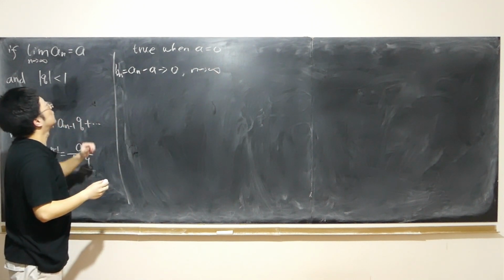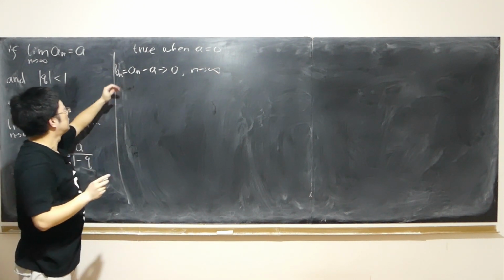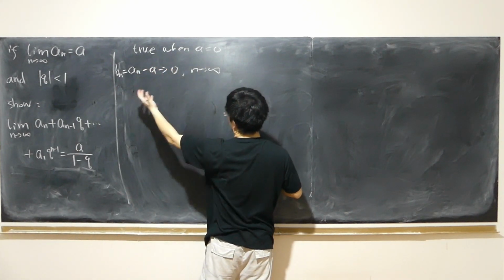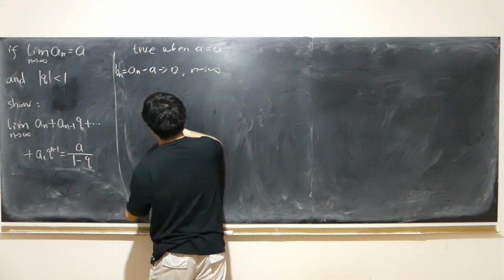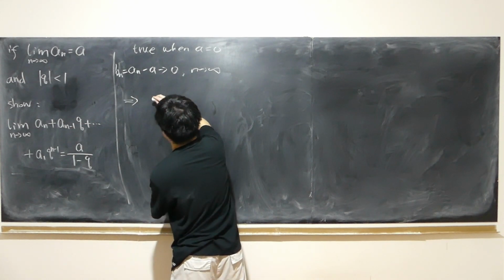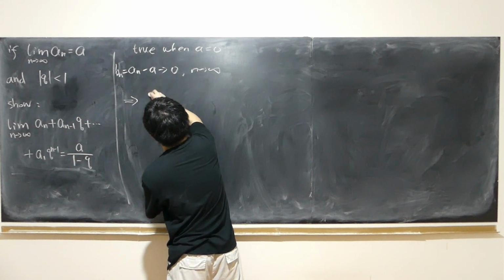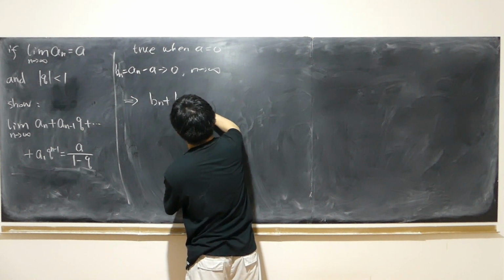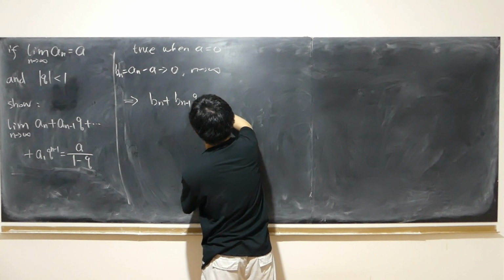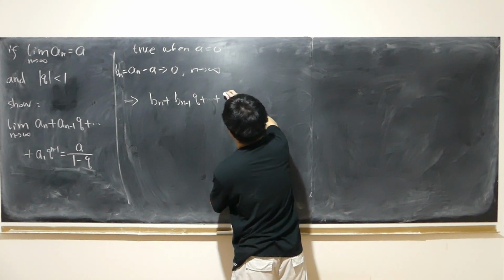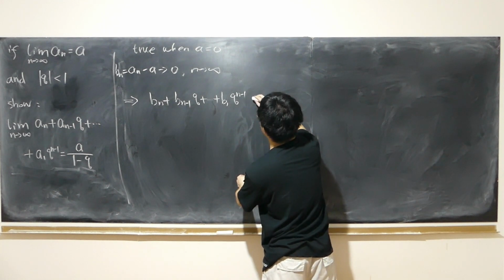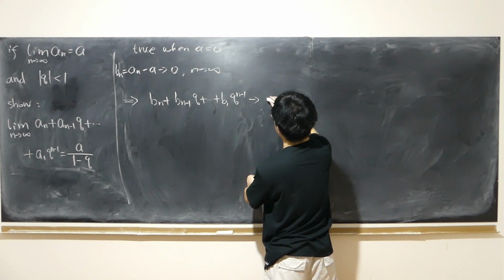So that means for b_n, I can apply the special case. b_n approaching 0, which means b_n plus b_(n-1) times q plus all the way to b_1 times q to the power n minus 1 tends toward 0.